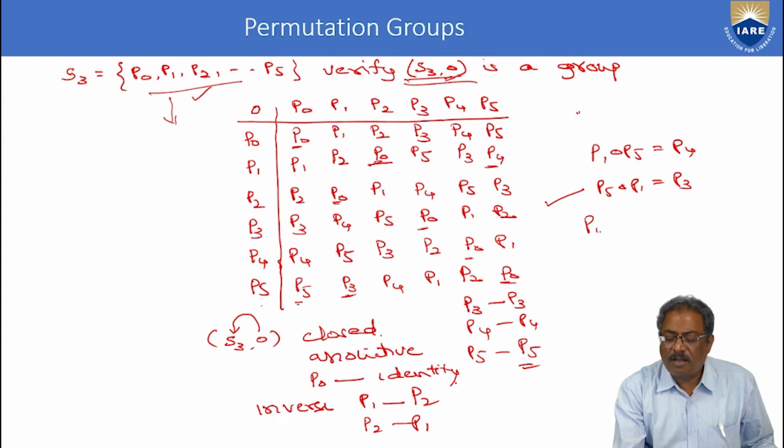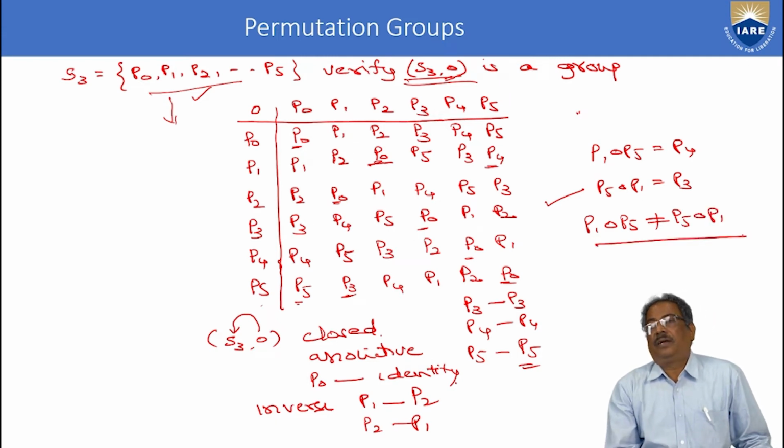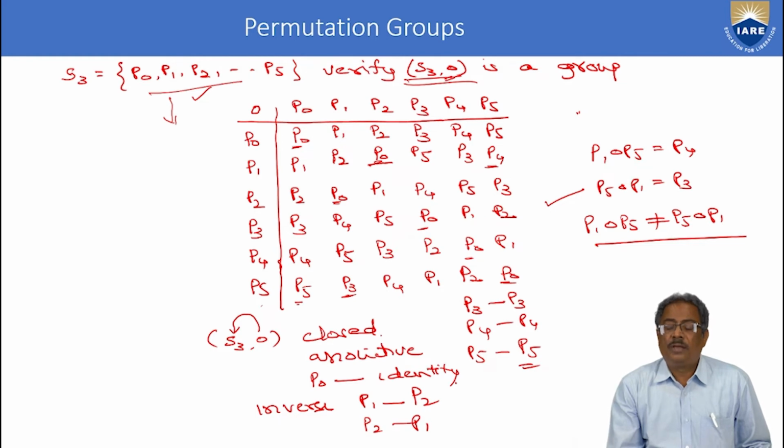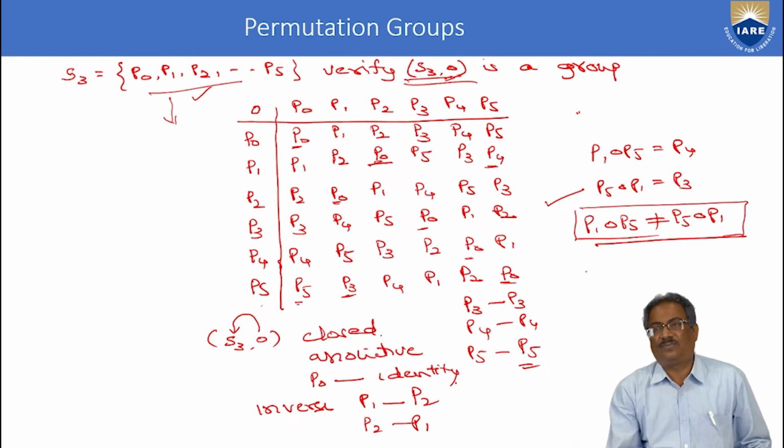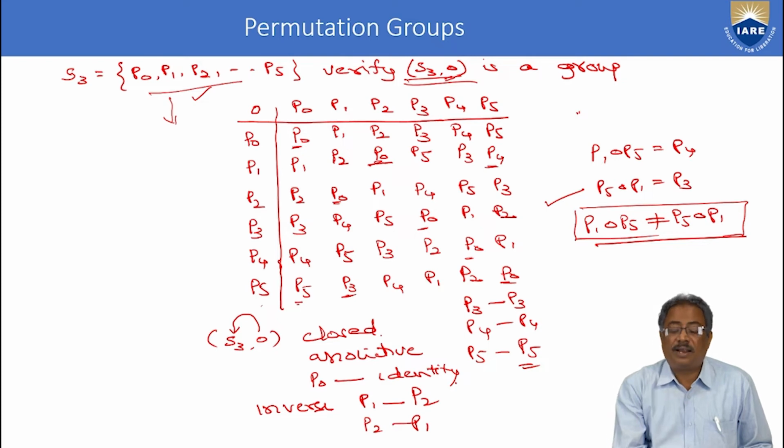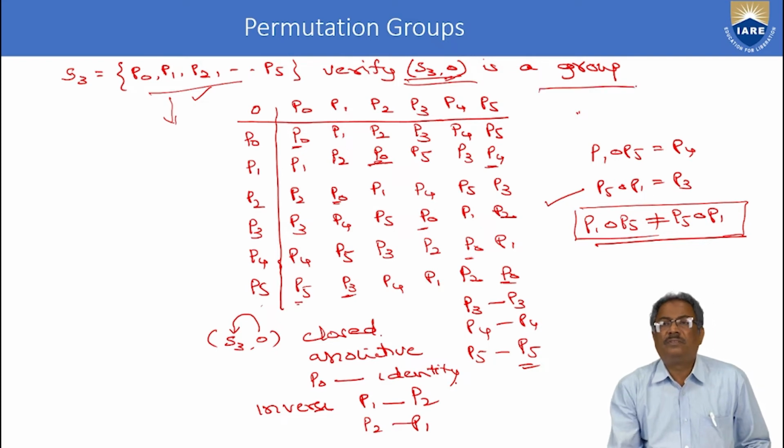So P1 circle P5 is not equal to P5 circle P1. So it is not an abelian group. This is only a group, and function composition does not satisfy the commutative law.